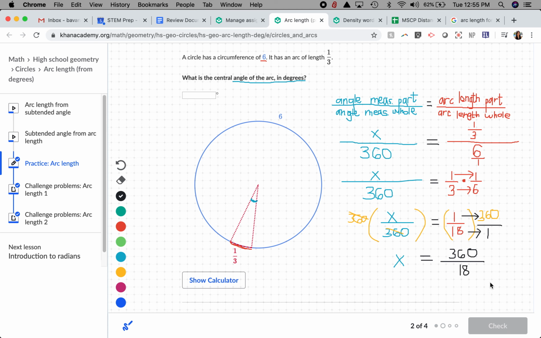At this stage, you can further simplify. There's many ways to do this, but we can divide. Let's see what happens if we divide 360 divided by 18. 360 divided by 18 is going to give us 20.